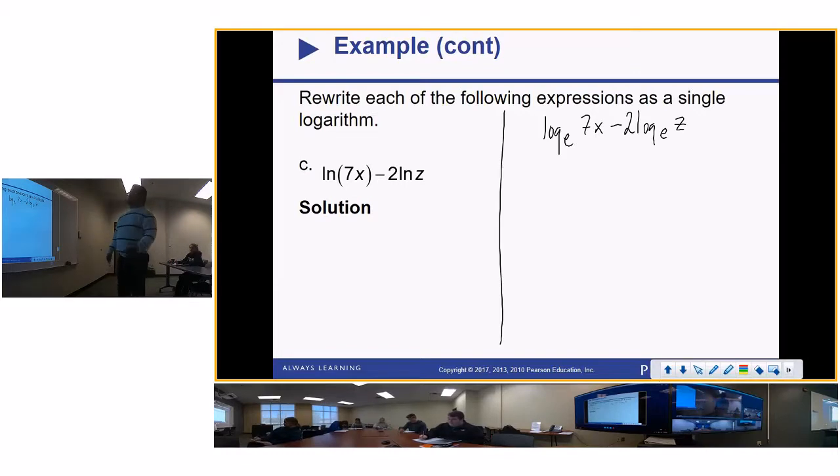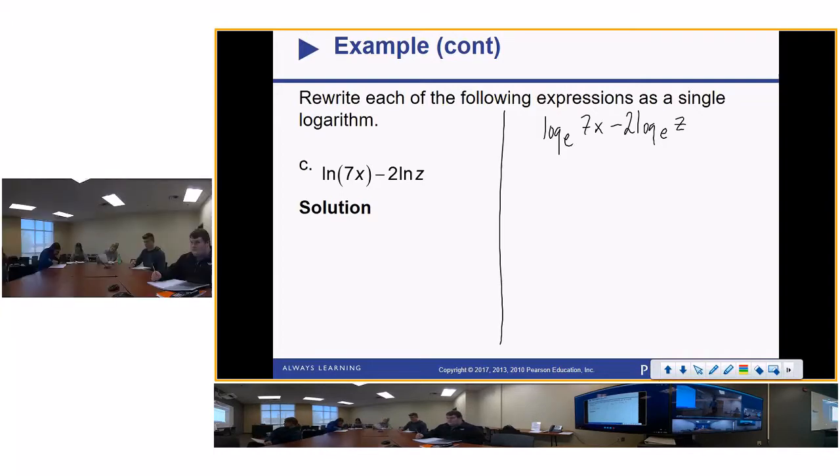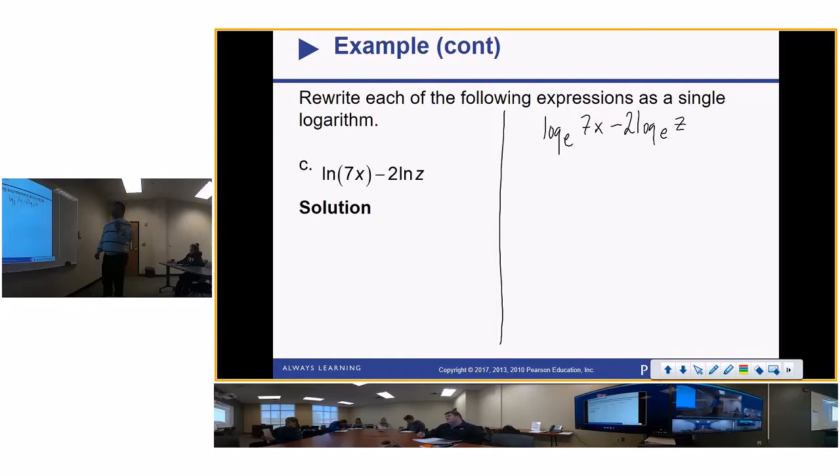All right. Now, what rule can you apply first with either one? Quotient. Not the quotient. You're going to use the quotient, yes, but not first. Why? Because what always comes first?